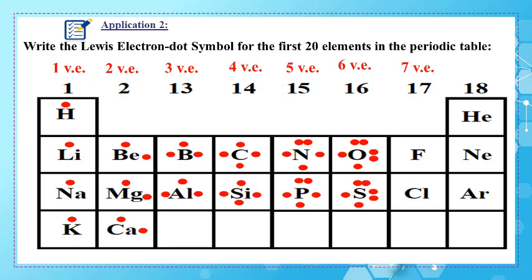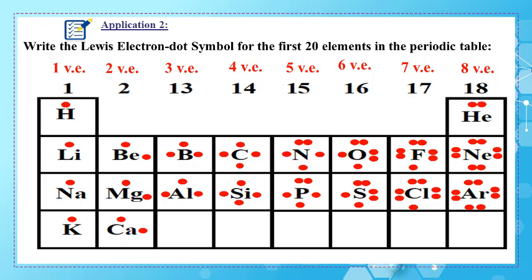Elements of column 17 have 7 valence electrons. The first 4 electrons will be distributed on the 4 sides of the atom, and the remaining 3 electrons will be added to the first 4. Atoms of column 18 have 8 valence electrons. The first 4 electrons will be distributed on the 4 sides of the atom, and the remaining 4 will be successively added to the first 4.